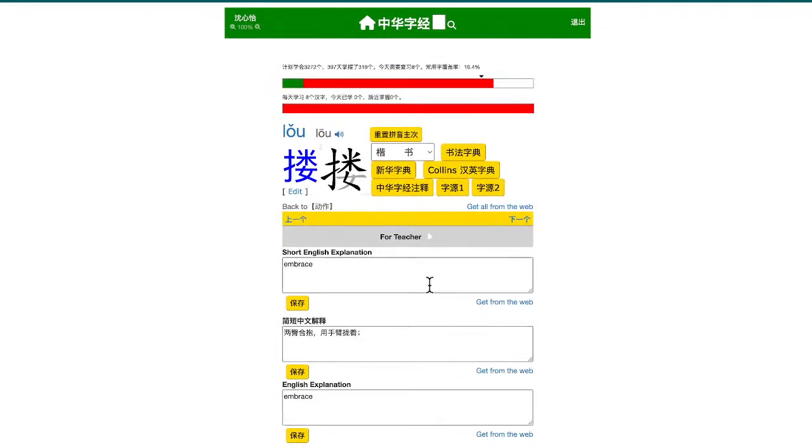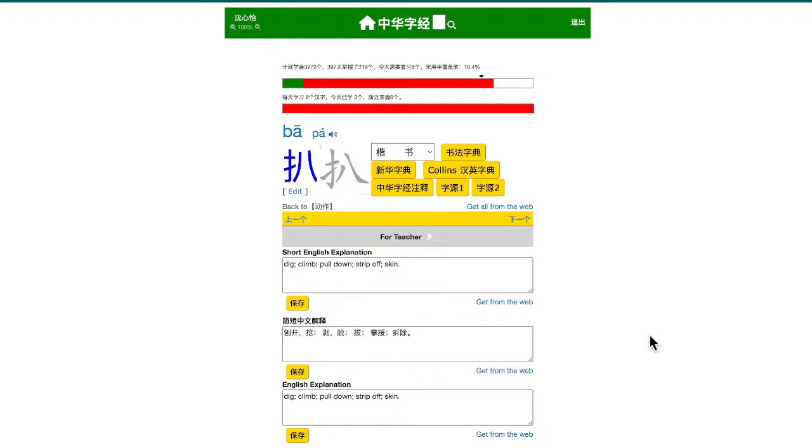搂搂抱抱. Next one, 扒. 扒 means dig, or pull down, strip off, skin. That means get skin off. And 扒 also means climb. Climb up.